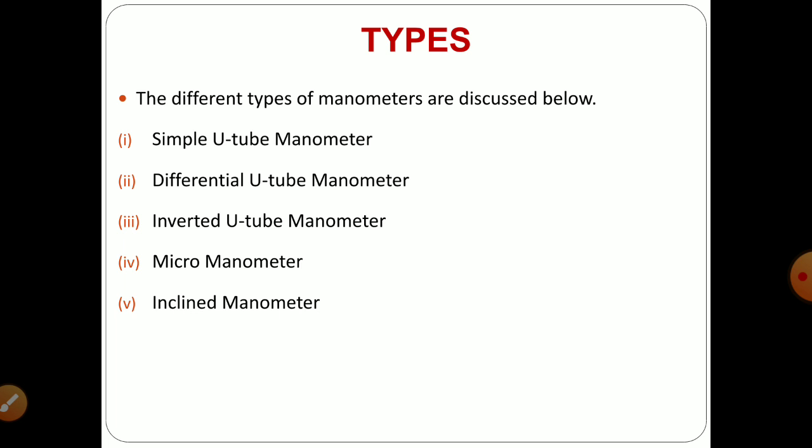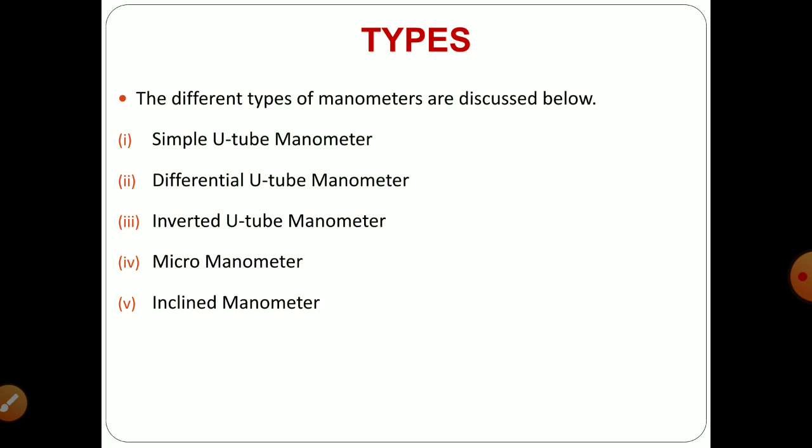The next is the micromanometer, which is used for the accurate measurement of extremely small pressure differences. Means if you are having pressure difference at the negligible rate, then you can go for micromanometer. And for the accurate measurement of small pressure differences, you can use inclined manometer.